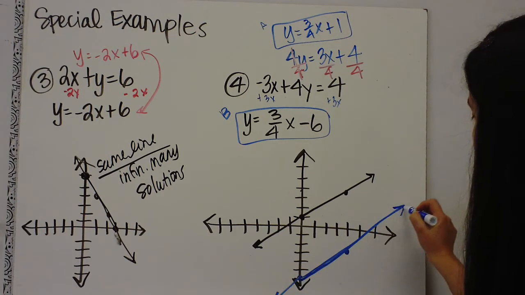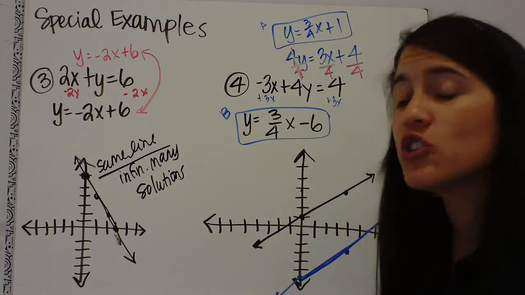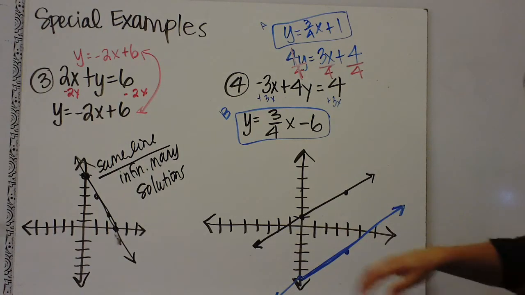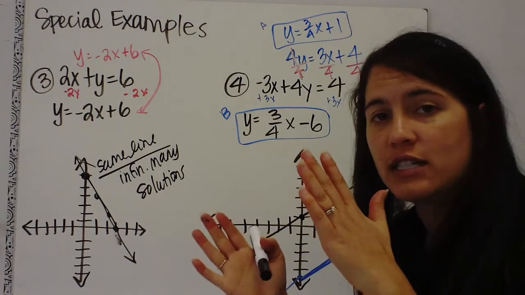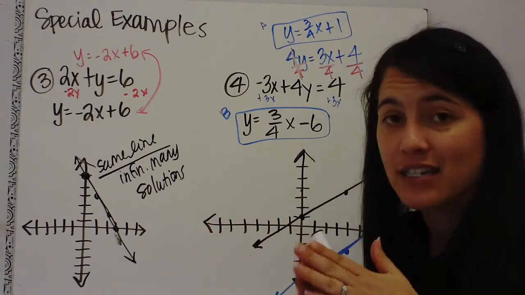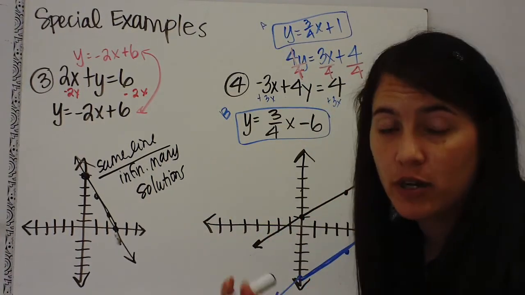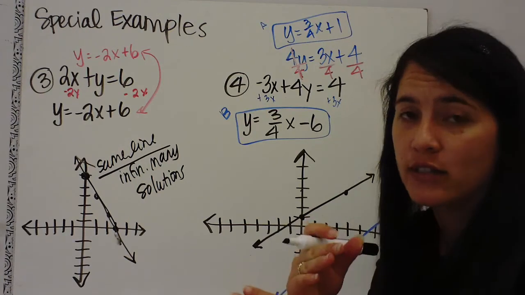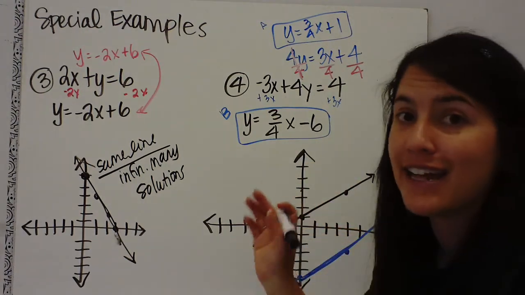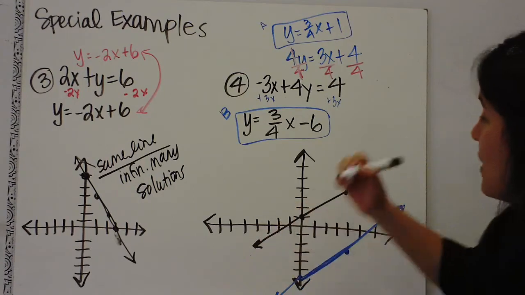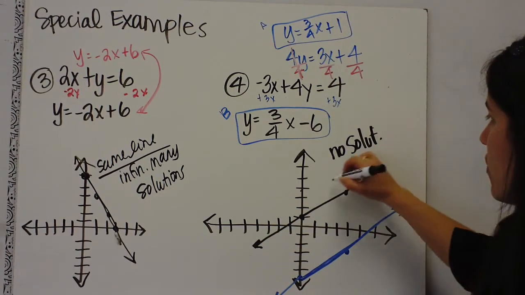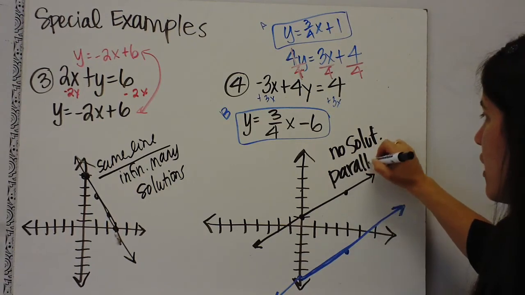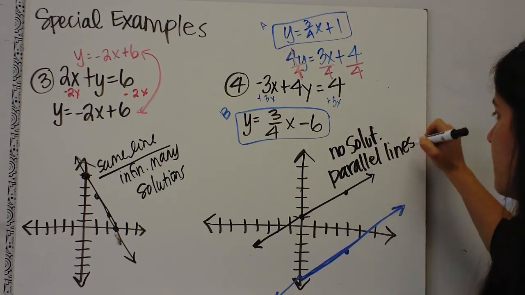I realize that my lines are not perfect, but you should see that these two lines are what we call parallel. They're parallel lines, meaning they never intersect. They run beside each other like railroad tracks. They are never going to cross. So if you have two lines that never intersect, that means there is no solution when you have parallel lines.